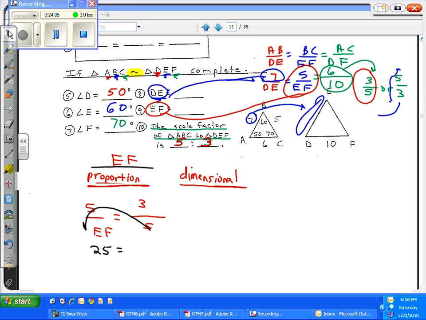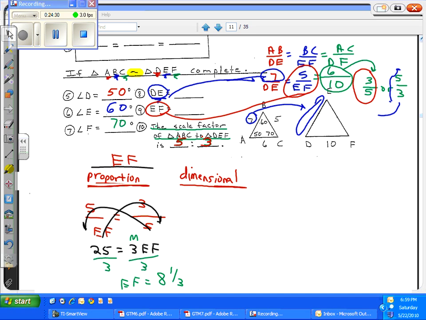And then we cross multiply. 5 times 5 is 25, equal 3EF. Now we're going to undo multiplication by division, and we get EF is equal to 25 divided by 3, or 8. 24 goes in, you'd have 1 left over. Put your remainder 1 over your divisor 3: 8 and 1/3.